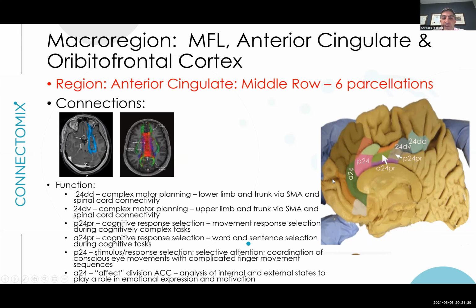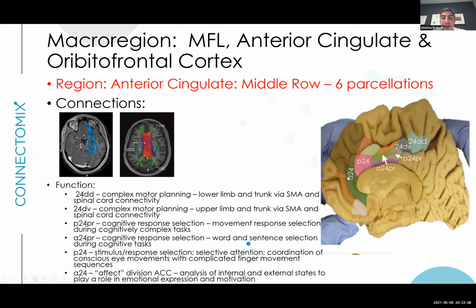P24 prime is responsible for movement response selection during very complex tasks. And A24 prime is responsible for word or sentence selection during cognitive tasks. So if someone is quick-witted and they've got quick responses when people are addressing them with problems, it's maybe this parcellation that's giving them that ability.